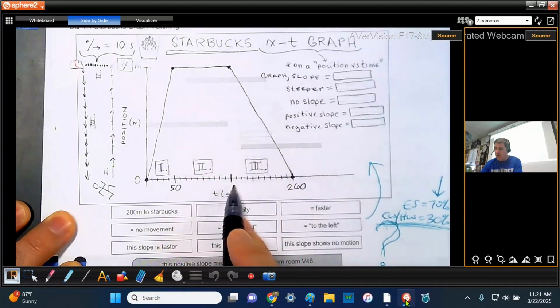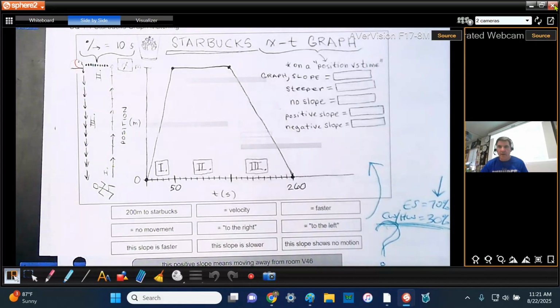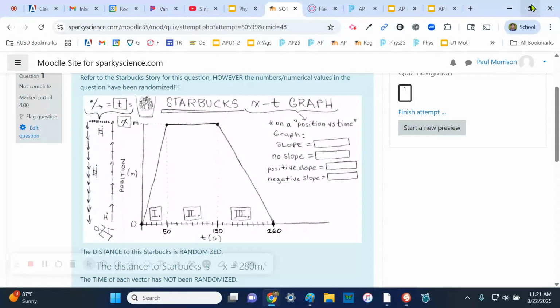And then let's go back to the quiz real quick. You can count these dots, just like we did before, 10, 20, 30, 40, 50. And this time frame is 150. And so it goes 0 to 50, 50 to 150, and then 150 to 260.